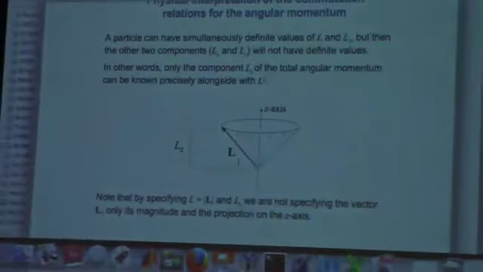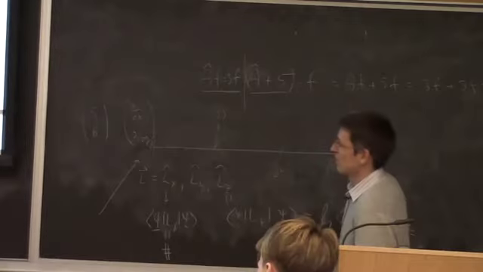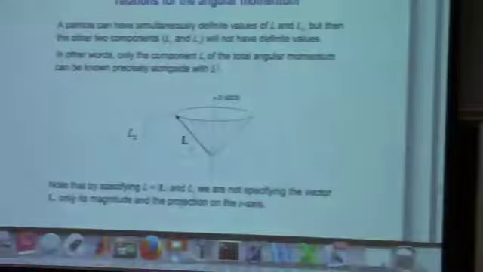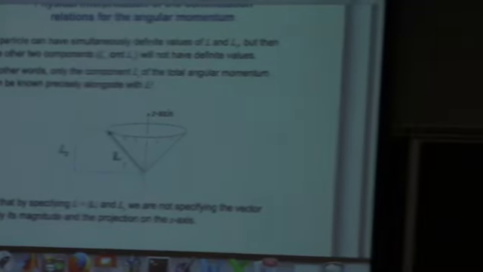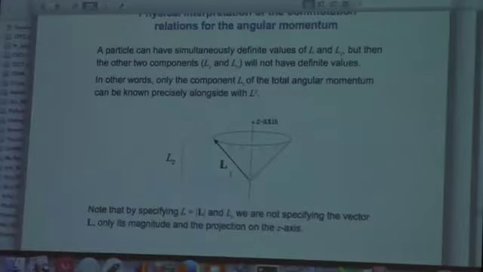Now, it cannot be an eigenfunction of Lx or Ly. That's why if you measure Lx or Ly on the same eigenfunction of Lz, you will get all sorts of values, right? That's why these values are represented as a circle. It can be anything, okay?